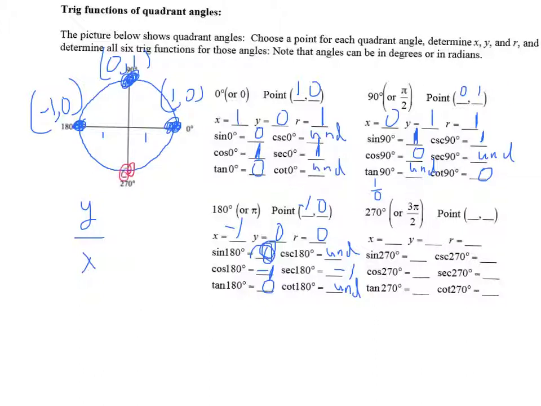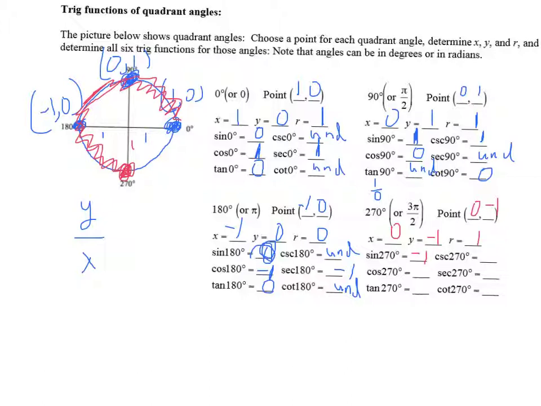So for 270 degrees, or an angular rotation of 3 pi over 2, we know the point is 0, negative 1, because the radius is still 1. So x is 0, y is negative 1, radius is 1. The sine is the same thing as the y, which is negative 1.